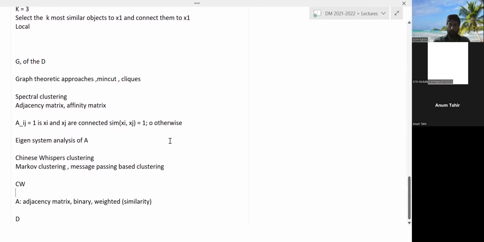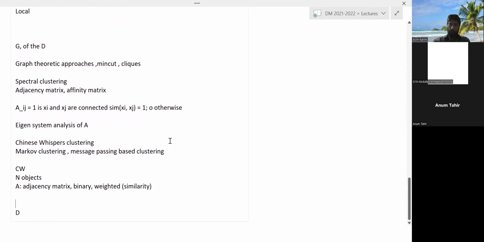By the way, let's take n objects in the data set. So this matrix A would be of size n by n, right? You have a similarity defined for every pair of objects. By the way, this A matrix need not be symmetric.